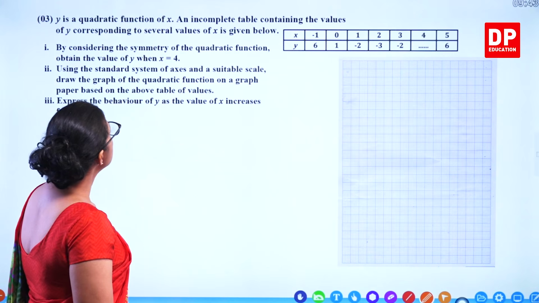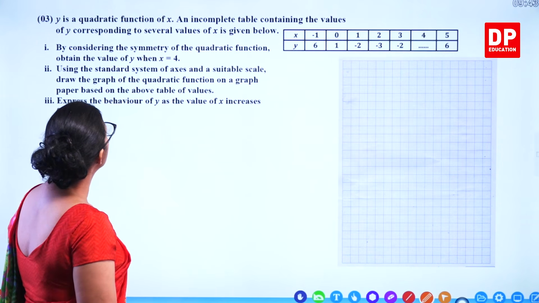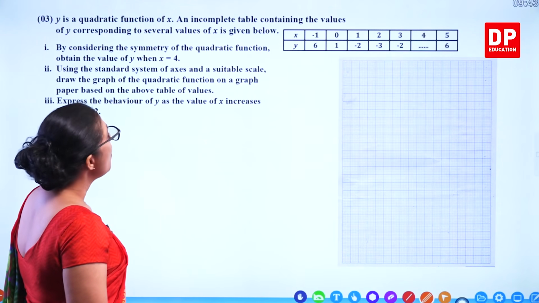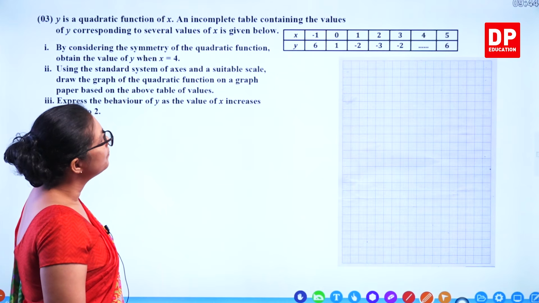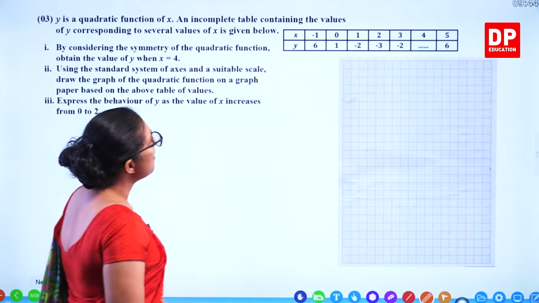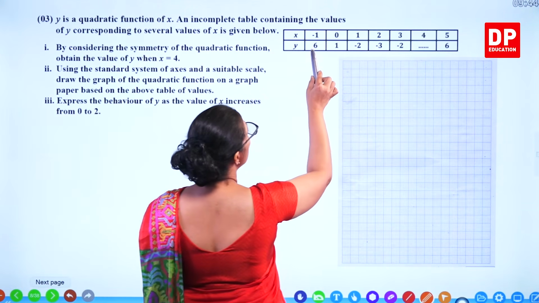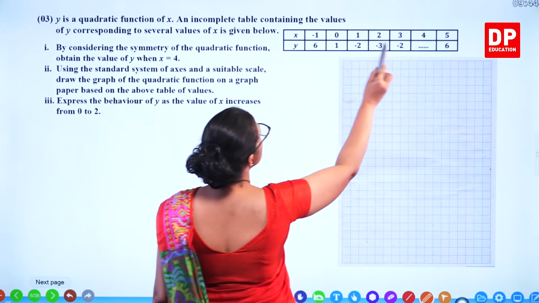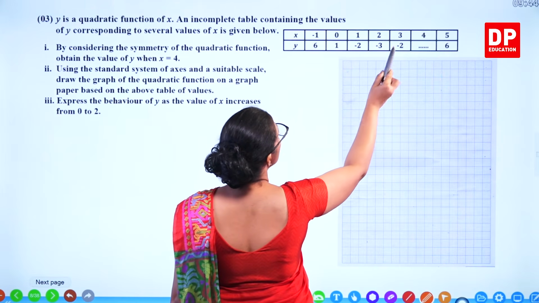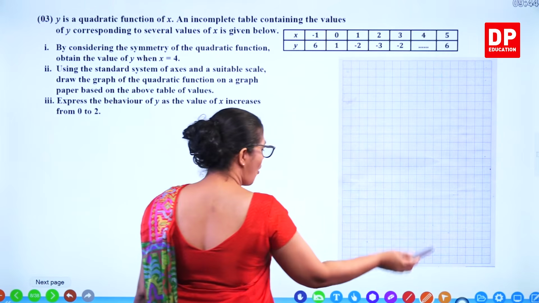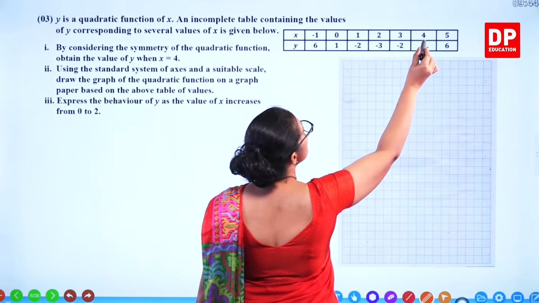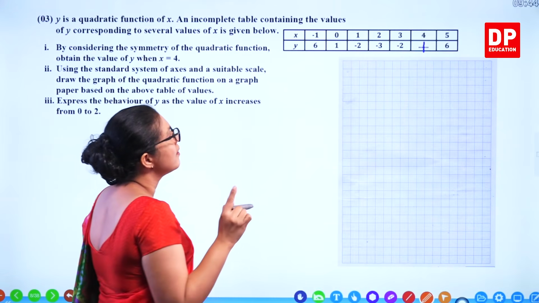By considering the symmetry of the quadratic function, obtain the value of y when x equals 4. So when you look at the symmetry, look at the values 6, 6, minus 2, minus 2. So what should this value be according to symmetry? This should be 1.